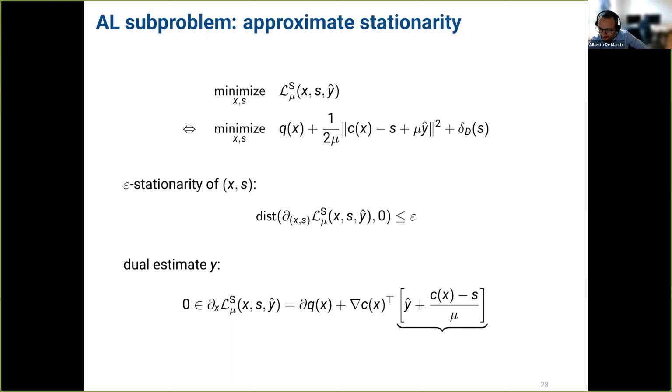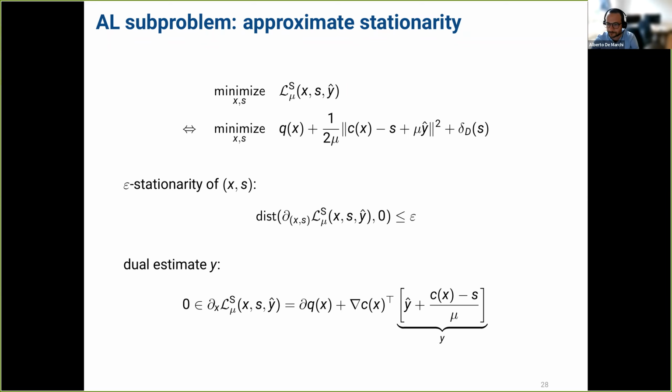This term on the right is what, in the approximate stationarity conditions for our problem, should be just y to get the standard KKT conditions with respect to x. And this is what motivates the dual update in the augmented Lagrangian scheme.